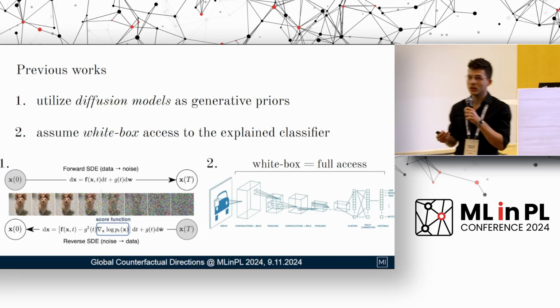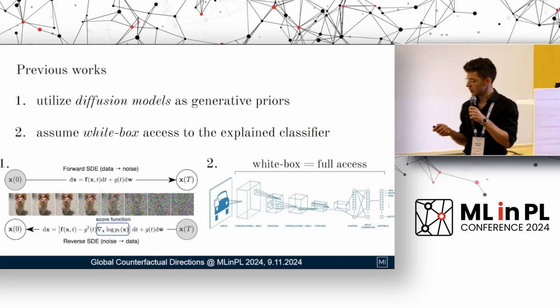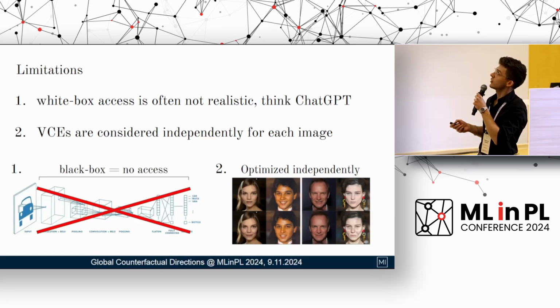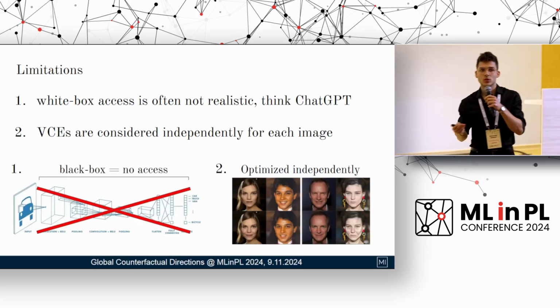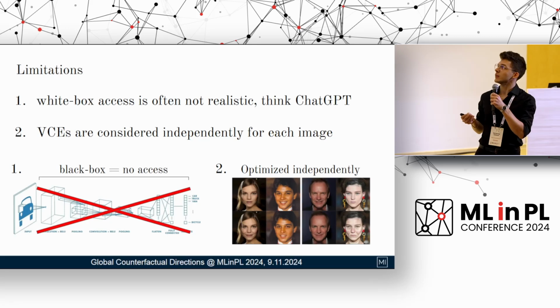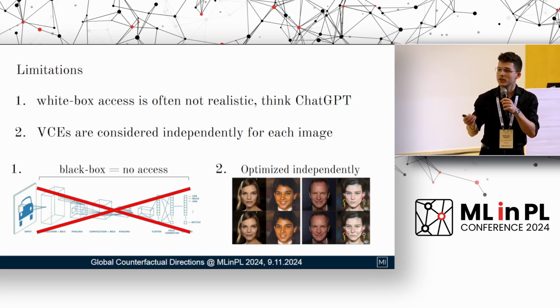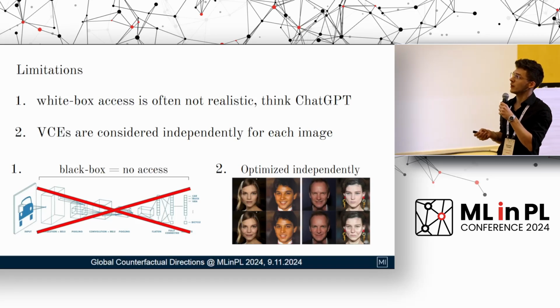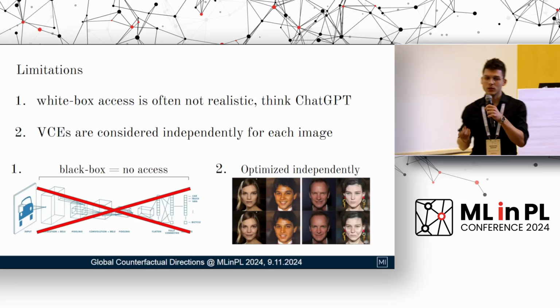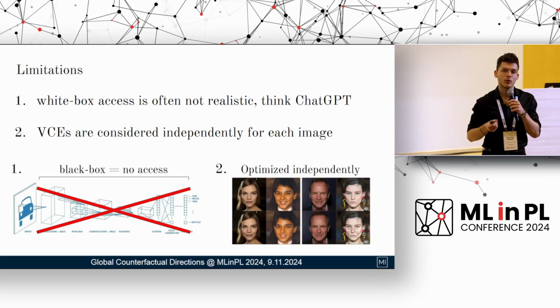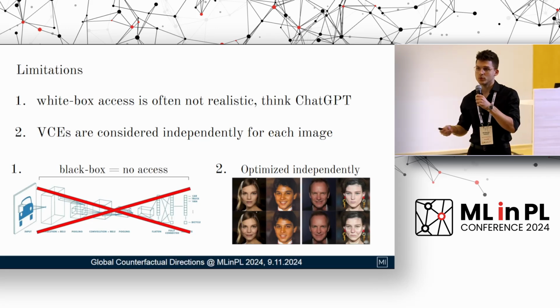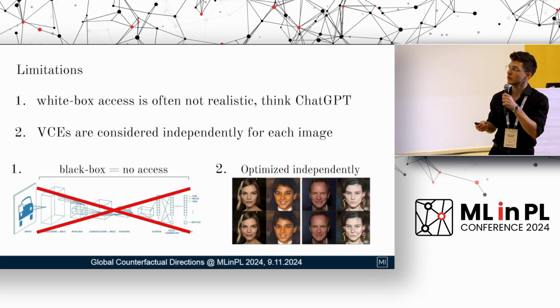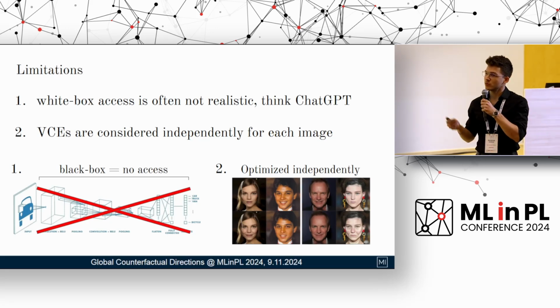So this is a pretty big assumption, because let's be honest, I don't know what ChatGPT is actually inside. I can't use the weights. So there are realistic scenarios where this assumption is invalid, where the only thing that we can actually do is query the model with an input and observe the outputs, let's say in the form of logits, right? So this is one issue.